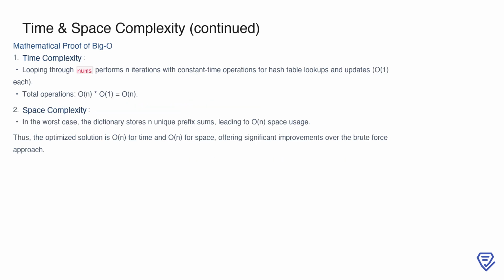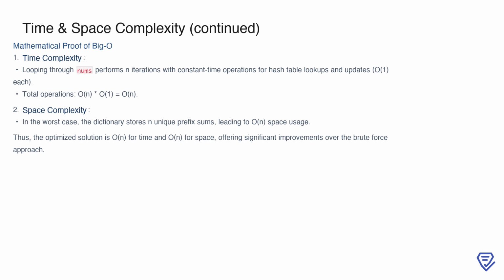Finally, we validate the big O analysis of the optimized solution. For time complexity, the algorithm loops through the array nums exactly once, performing constant time operations such as hash table lookups and updates for each iteration. Since there are n iterations, and each operation within the loop is O(1), the total time complexity is O(n).